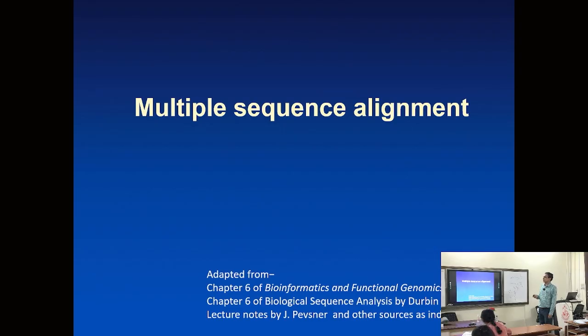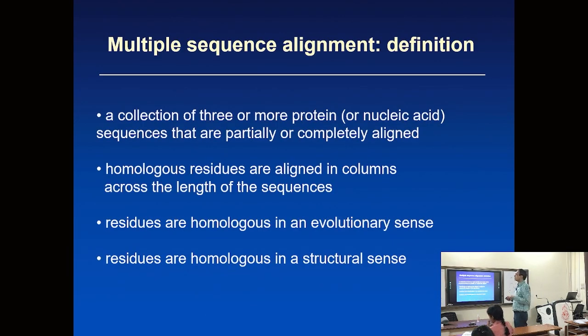We discussed pairwise alignment, and we were also discussing multiple sequence alignment, but now I will get into more detail. Multiple sequence alignment means alignment of 3 or more protein or DNA sequences. When you visualize it, you are visualizing the conservation at different columns.